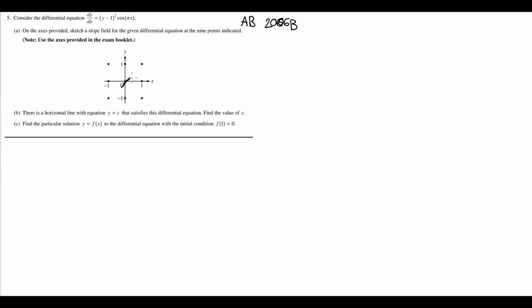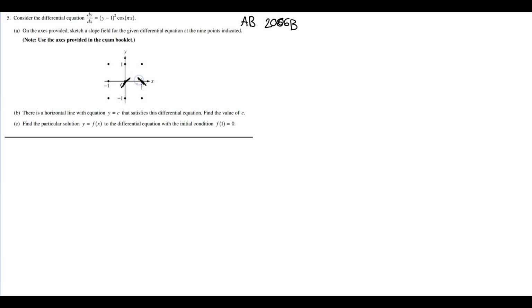At (1, 0), we have y equals 0 again, so 0 minus 1 is negative 1, squared is 1. So we have 1 times cosine of pi, and cosine of pi is negative 1, so we have a slope of negative 1.